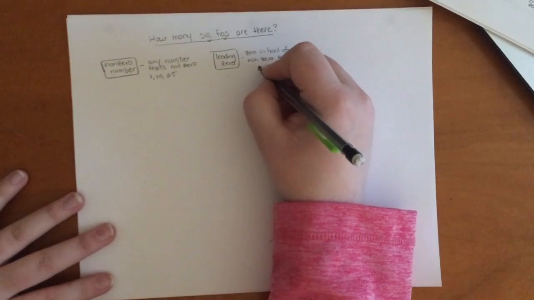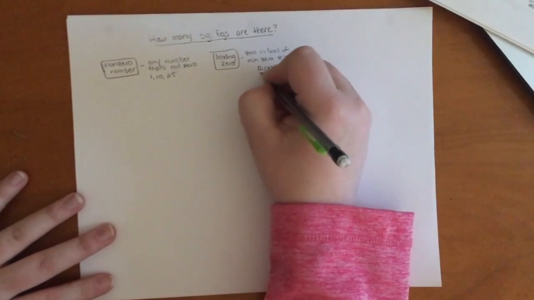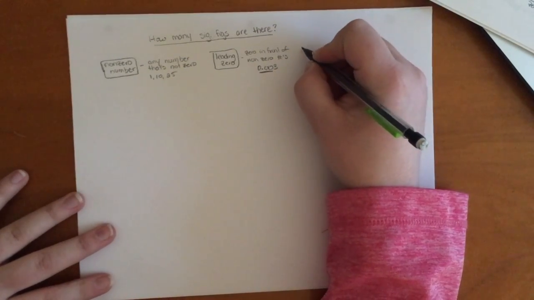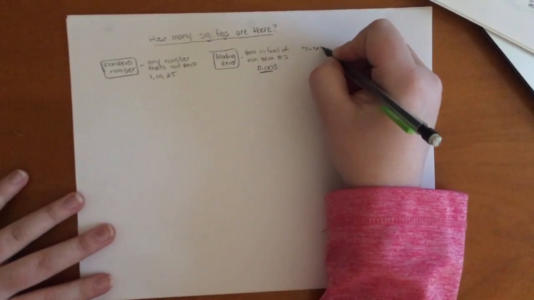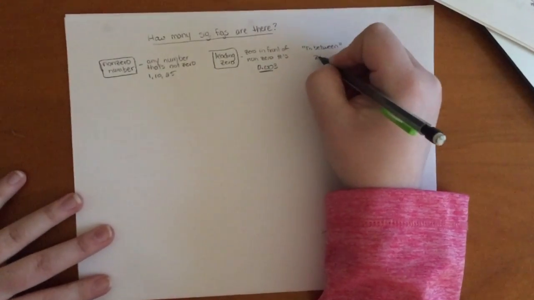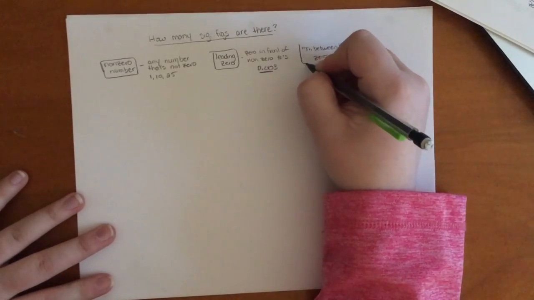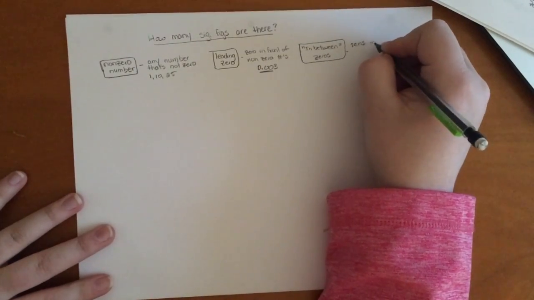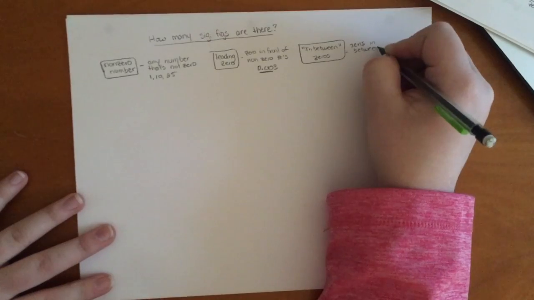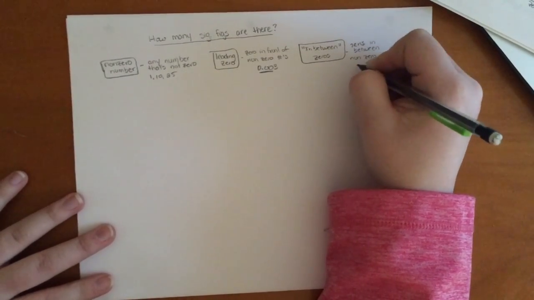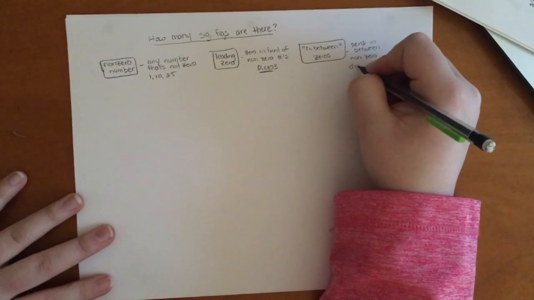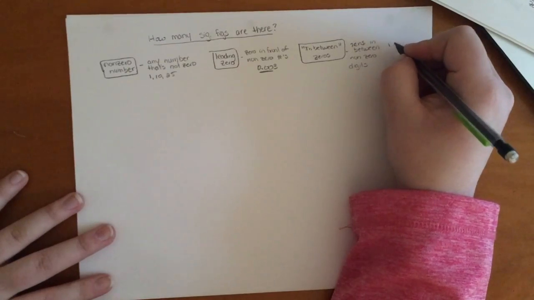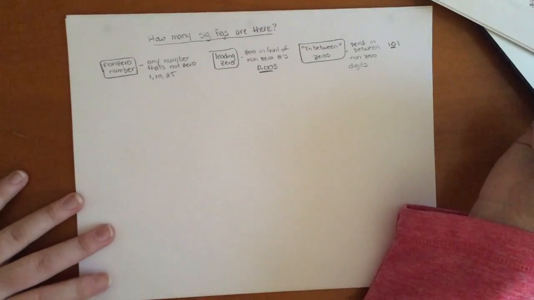For example, 0.003. These are leading zeros. And then there are in-between zeros, so zeros in between non-zero digits, such as in 101, this would be an in-between 0.